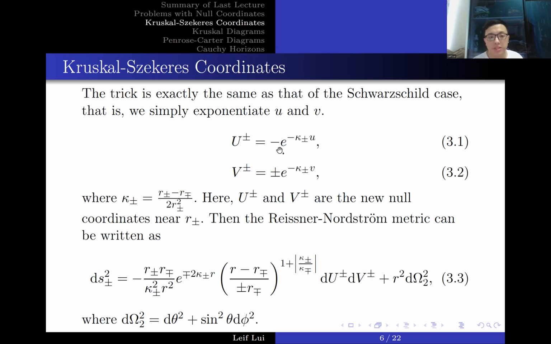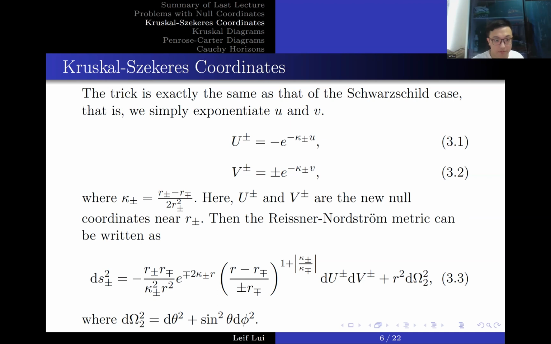And what happens is this kappa plus or minus is defined by either the ingoing or outgoing radius minus either the outgoing or ingoing radius, either the outer radii or the inner radii minus the inner radii or the outer radii divided by either the outer radii or the inner radii squared. And here we have four new coordinates, u plus or minus and v plus or minus, and these represent the coordinates near r plus and minus respectively.